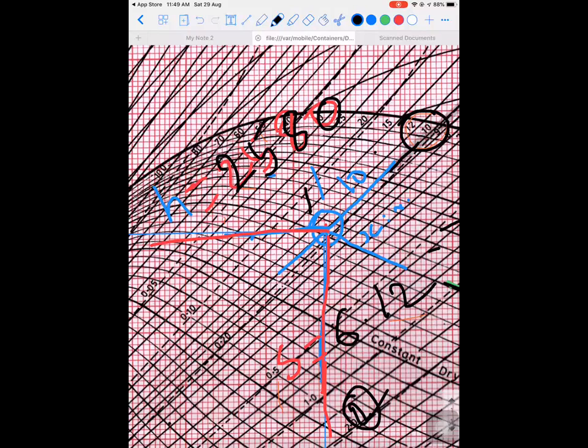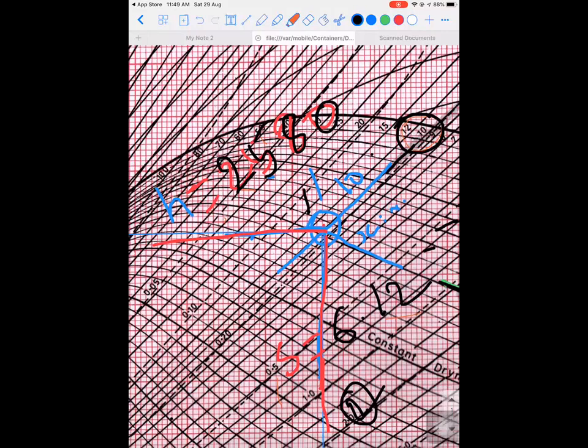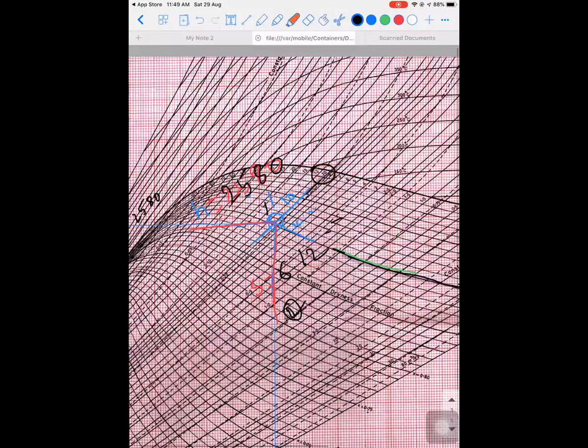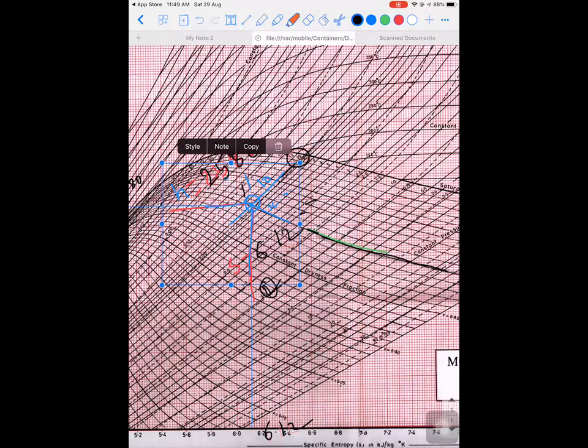Before that, I will first of all erase. All of you use the Mollier chart with a pencil and eraser. After getting the value, simply erase the entire Mollier chart and make it available for reuse.